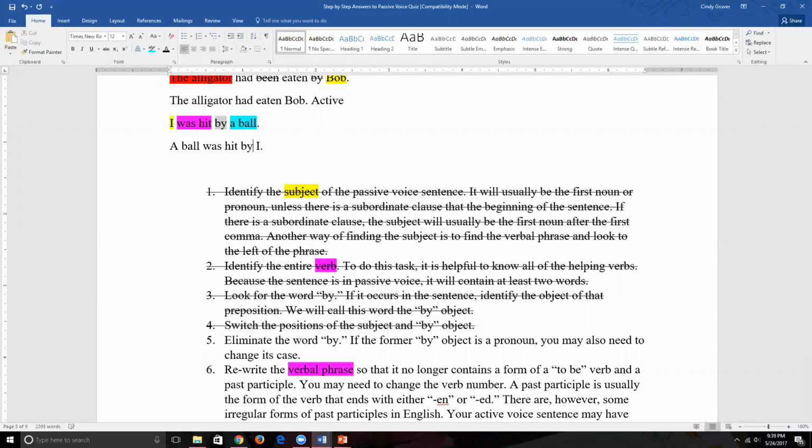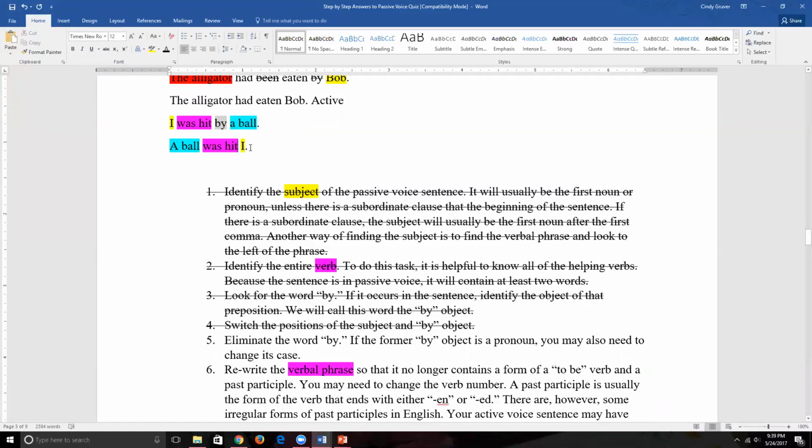Actually, before we do that, let me go ahead and mark our items so we can keep track of everything that we have going on in our sentence. Okay, so we're going to get rid of the by. That's the first part.